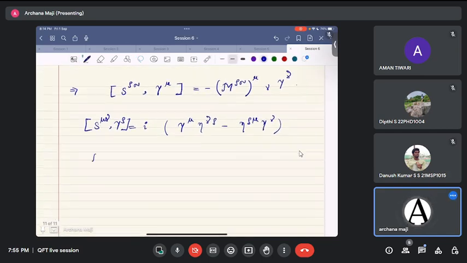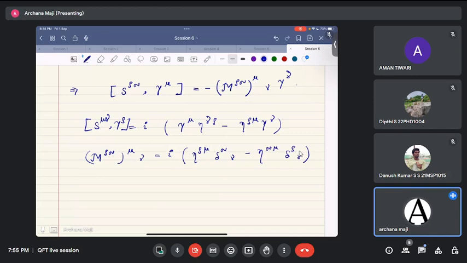The M matrix was defined as i, let me write that down, eta^rho mu delta^sigma nu minus eta^sigma mu delta^rho nu.